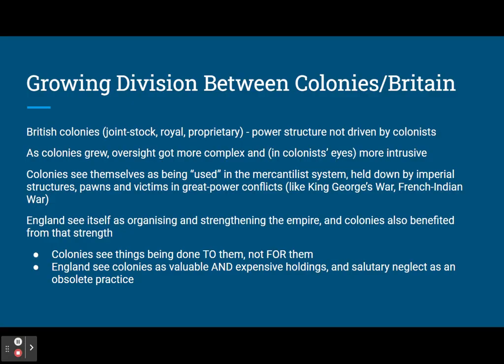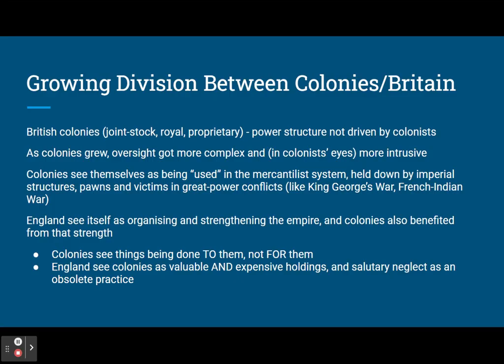As colonies got bigger and bigger, it became more apparent how much money and power the colonies could really bring in to Britain. So oversight from Britain got more and more complex, and in colonists' eyes, it felt more intrusive as well.